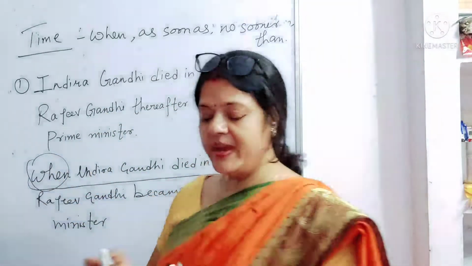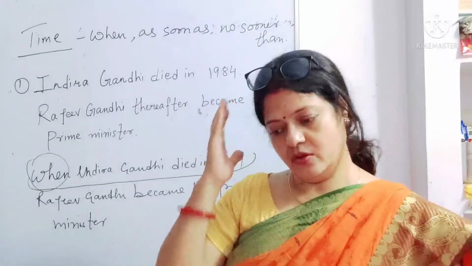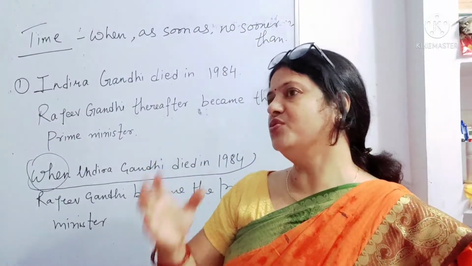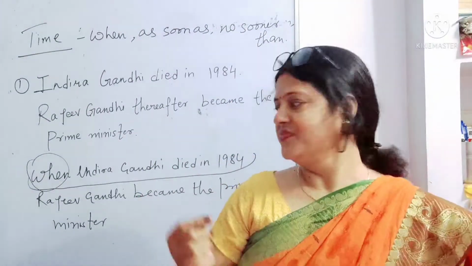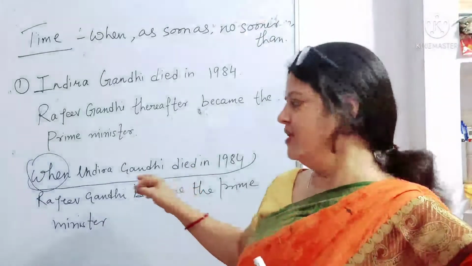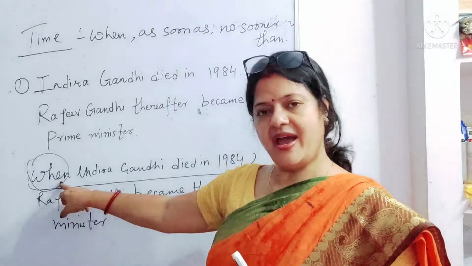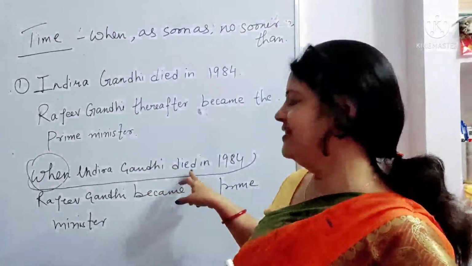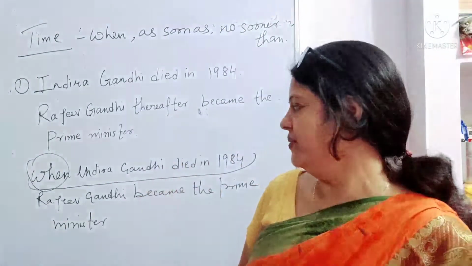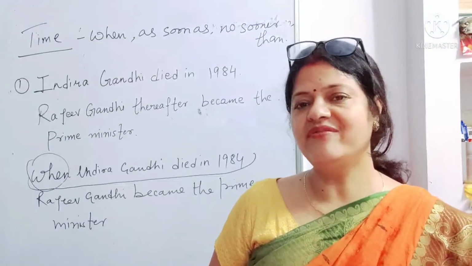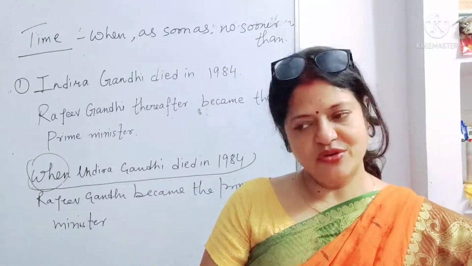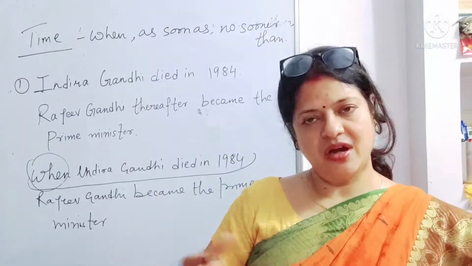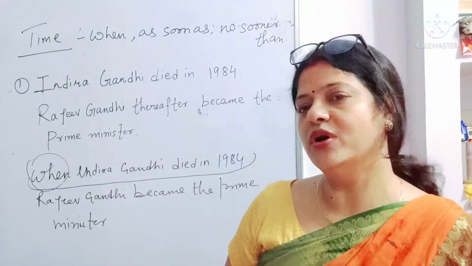Remember that when you make any clause, you need to have a conjunction, a subject and a verb. So here we have when, a conjunction; a subject, Indira Gandhi; and then died, a verb. In a clause, we know very well that there should be a subject and verb combined. A group of words is called a clause.